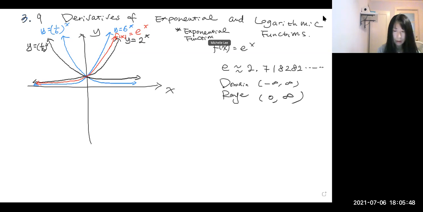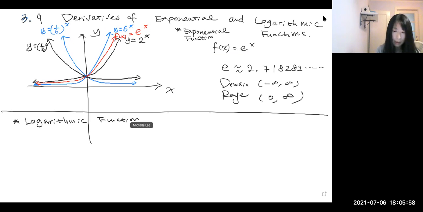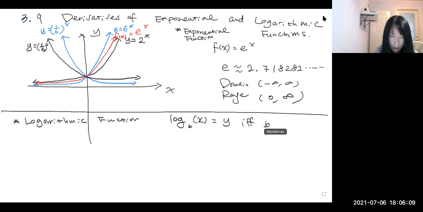Okay, then we have logarithmic function. So we have this form, right? In general, log base b of x equals y if and only if b to the y equals x, all right?